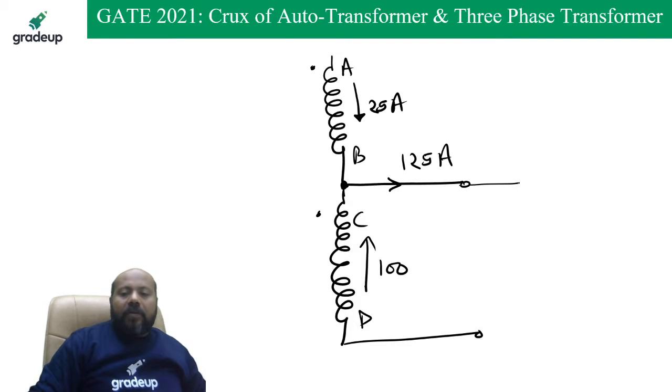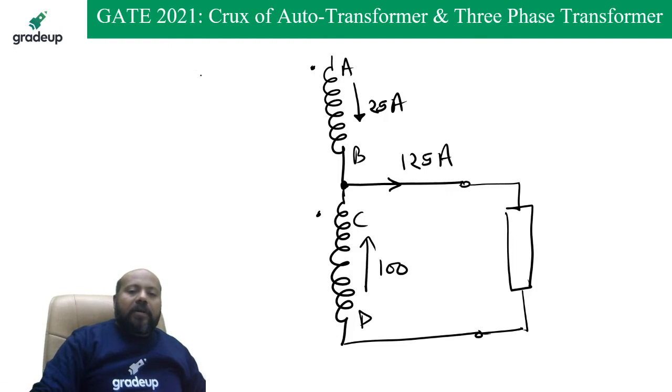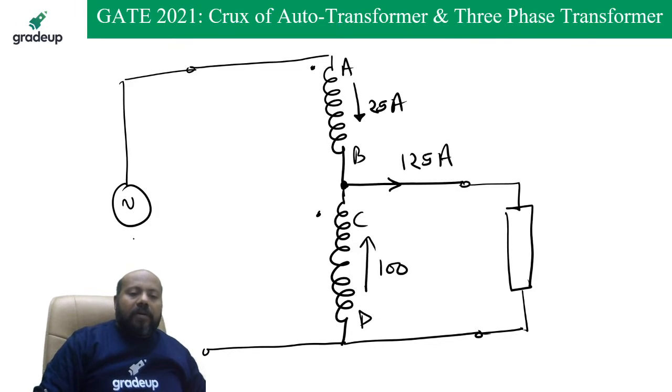Suppose you are connecting the load here like this. Then you are going to connect the source this side. What are going to be the voltages across these two windings? This winding, the voltage is going to be 400 volts.